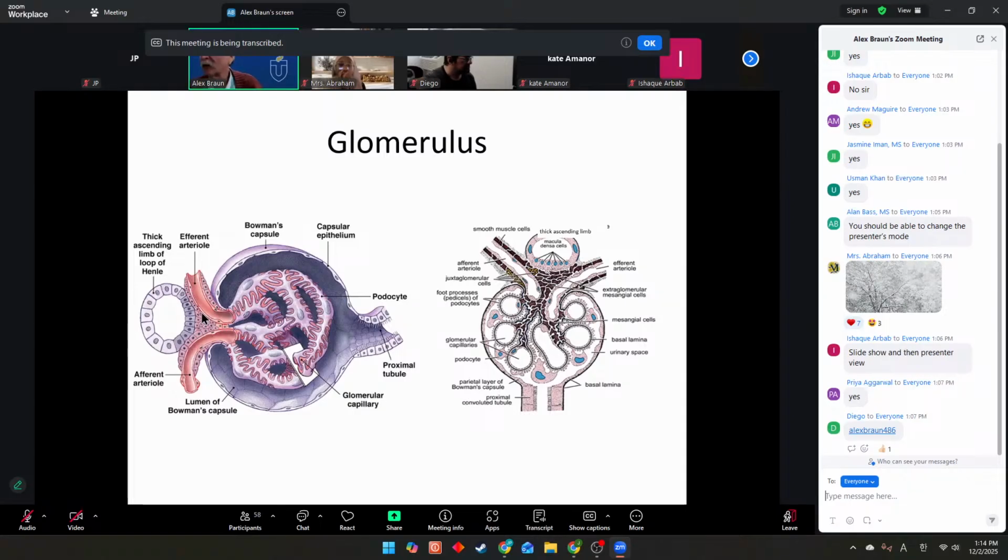At the vascular pole of a glomerulus, you have several other structures in addition to an afferent and efferent arteriole. You have the thick ascending limb of the loop of Henle, which is part of the tubular system of the kidney.